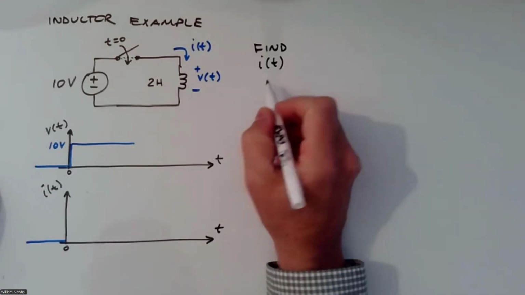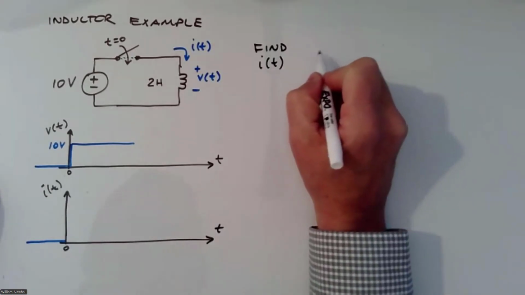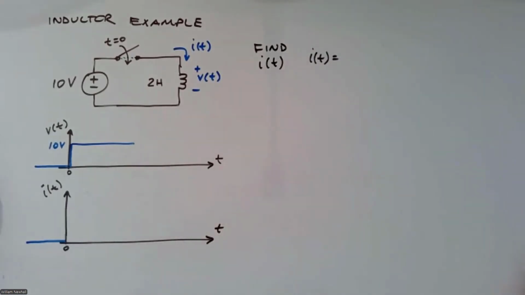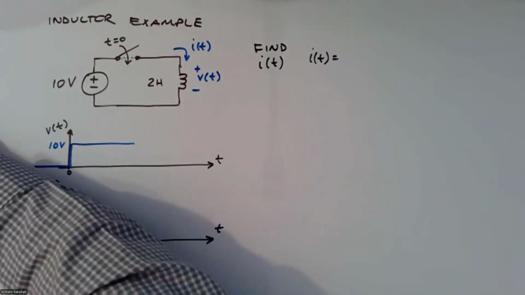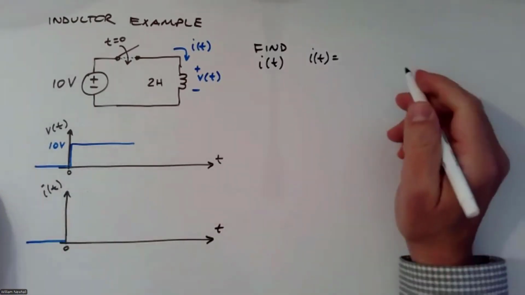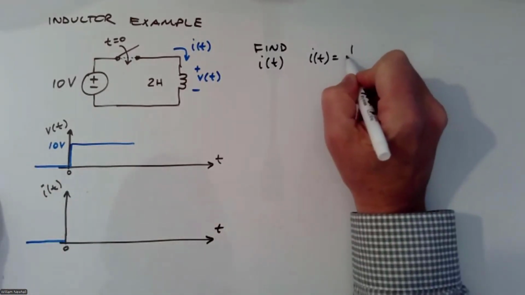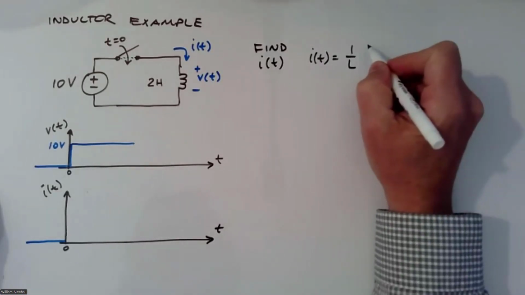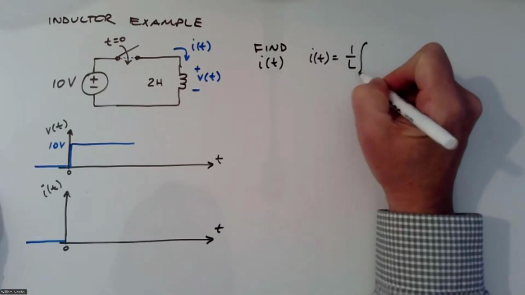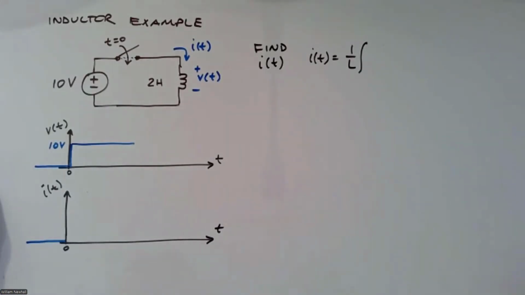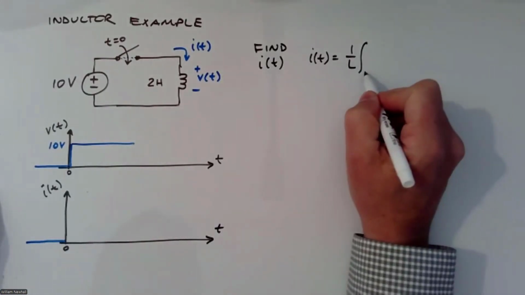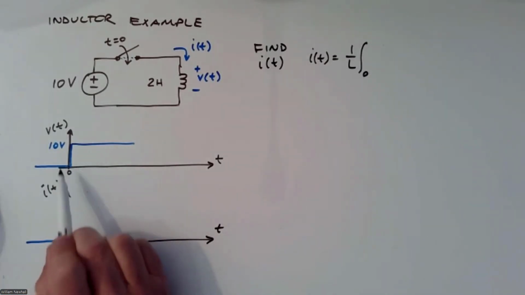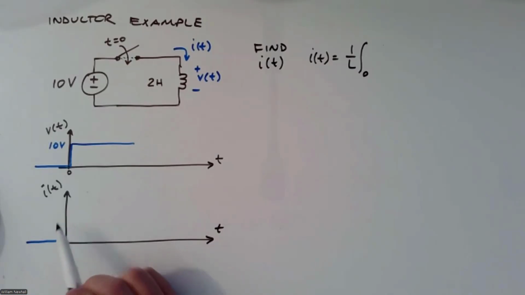All right, so let's calculate I of t. So I of t is equal to 1 over L. We have the voltage, we want to find the current, so we have to use the integral form of the equation. We're going to integrate from some time, and let's use time 0, because right before time 0, we know what the voltage is and what the current is.